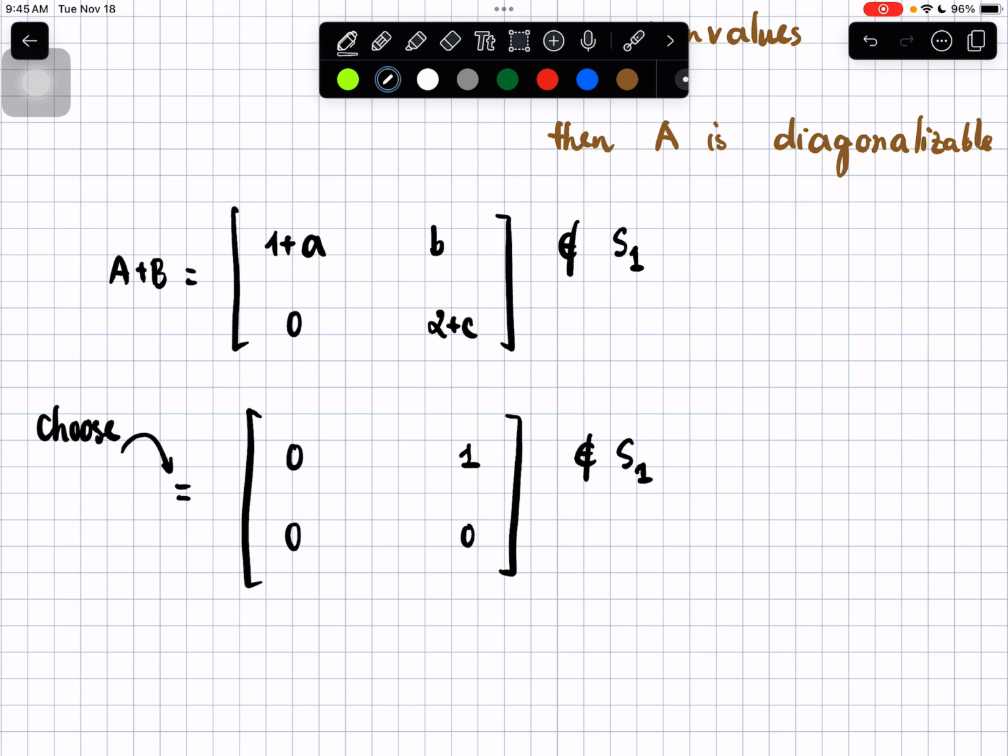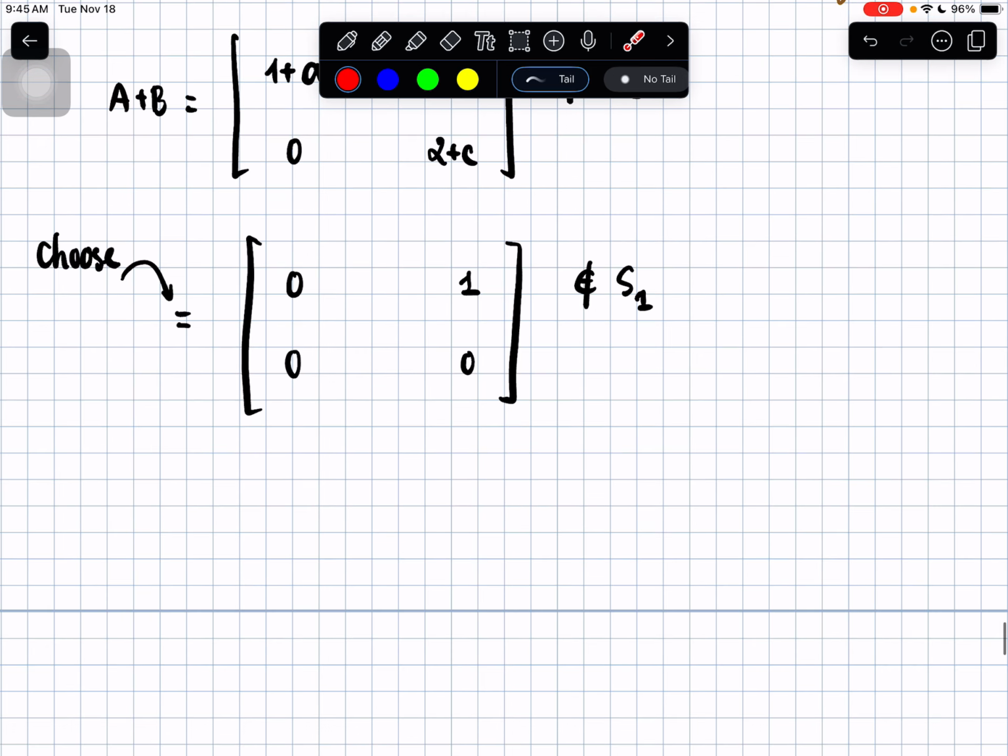Why do I know that? 0 is an eigenvalue of that matrix with multiplicity 2.